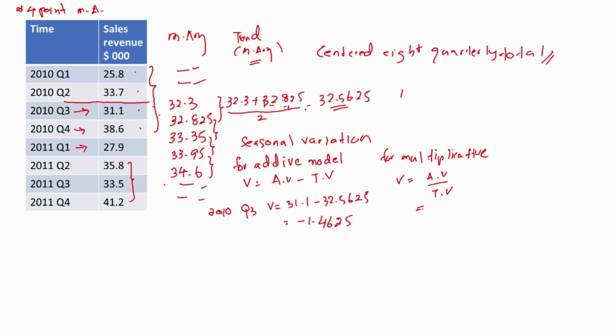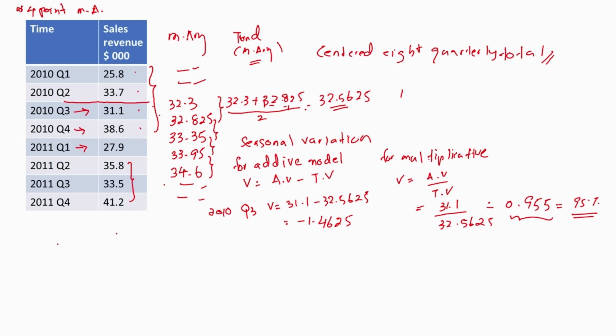Now let's calculate the variance using the multiplicative model. 31.1 divided by 32.5625. So the variance equals 0.955. This is a relative value. This equals 95%. We can simply multiply this value by 100 and take the percentage value.